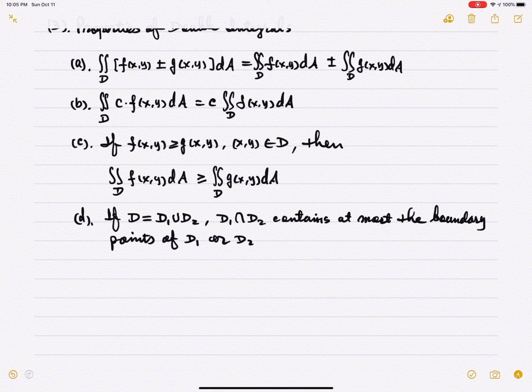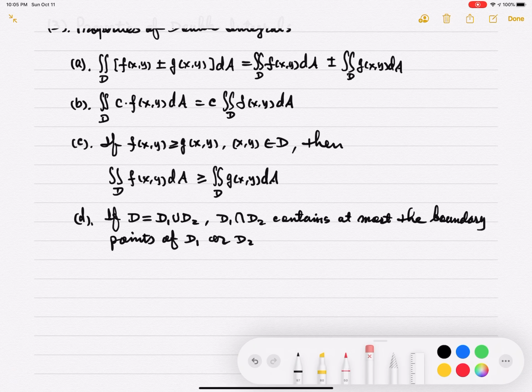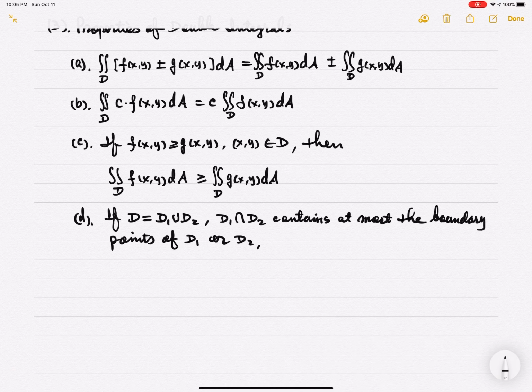Maybe not all of the boundary points, or maybe not contain boundary points at all, maybe an empty set. Then we have this.